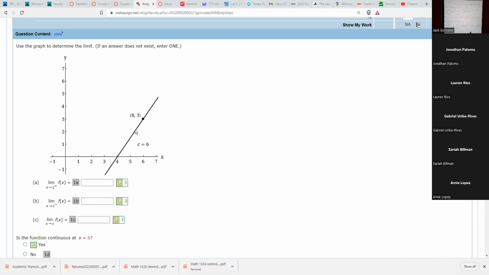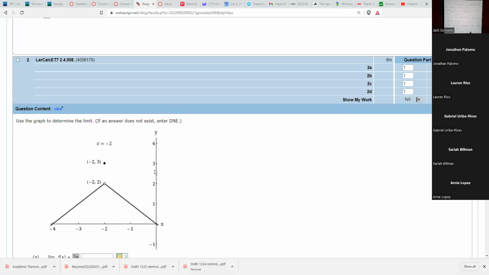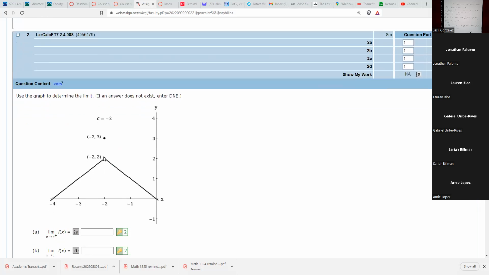So that's the basic concept of continuity at a specific point. Of course, they will get a little harder. Check this one out. Is this the same from the left and right? C is -2.